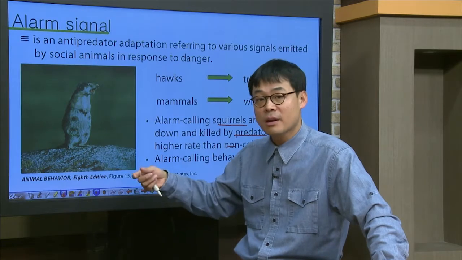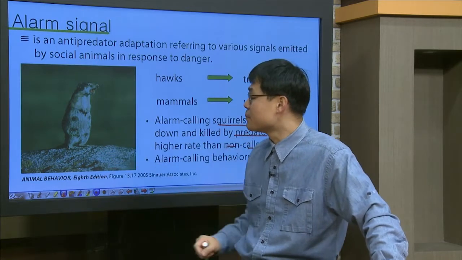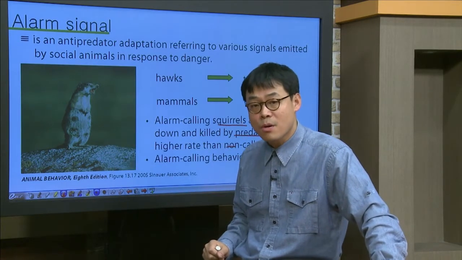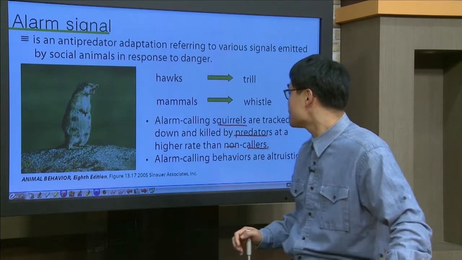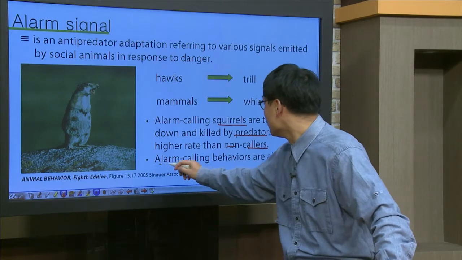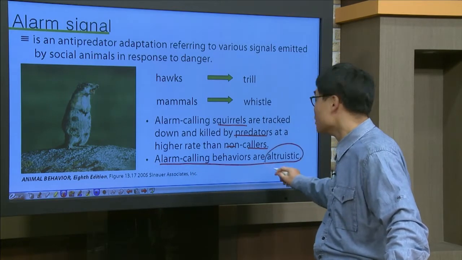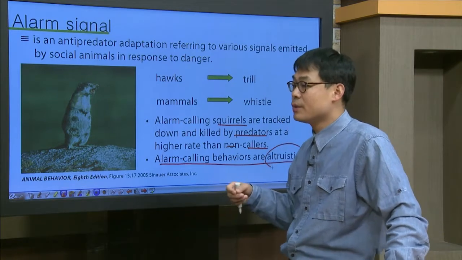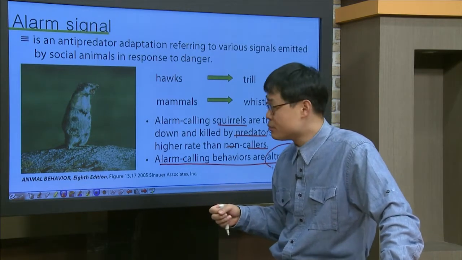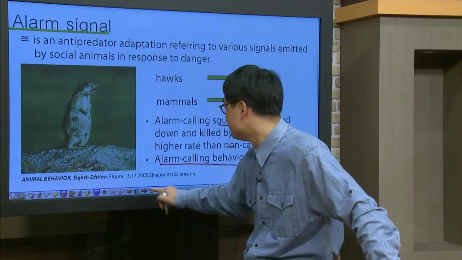It gives them time to take cover, while the caller is exposed to the predation risk. So you may say that the alarm calling behaviors are altruistic. They may sacrifice themselves to help the other individuals take cover.